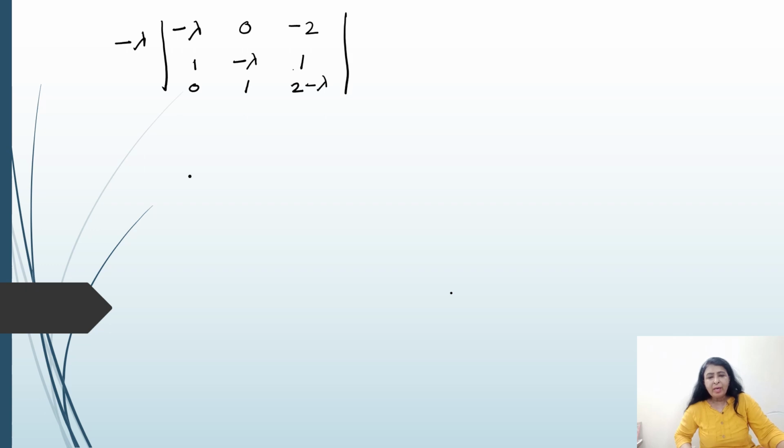So on expanding by R1 we will get this. Now just expand it again.